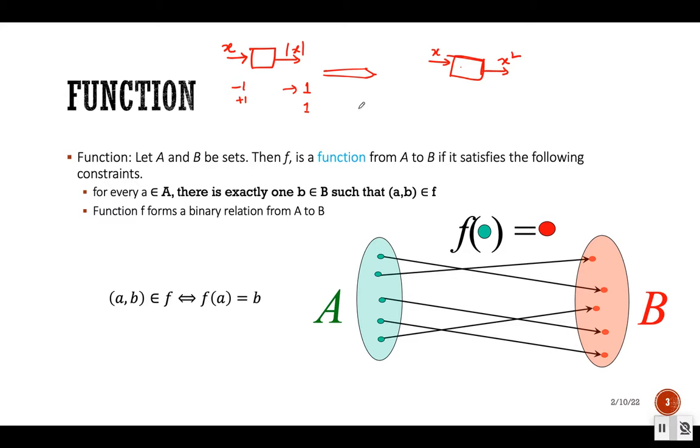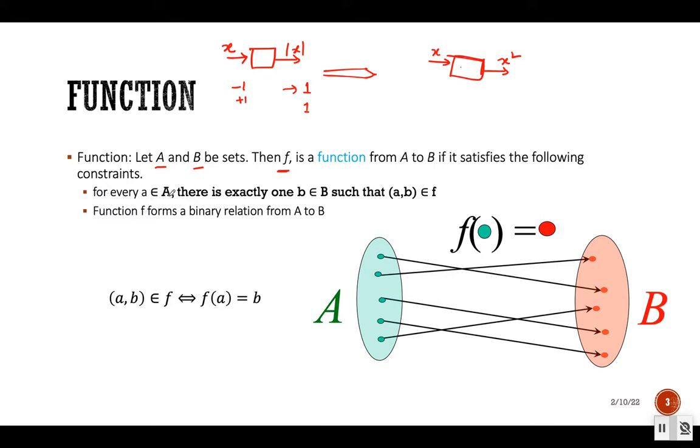Okay, so a function, let's see, we have two sets, A and B. A function f is a function from A to B if it satisfies the following constraint.